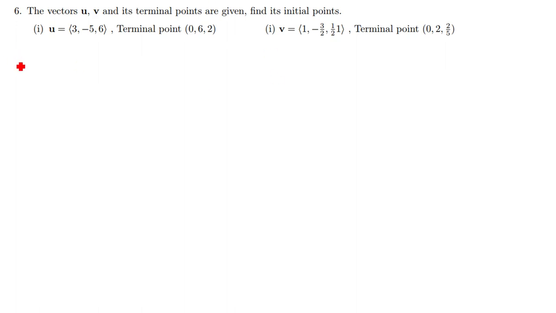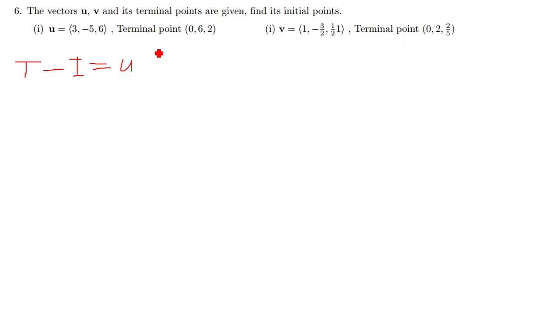Remember, vectors are always found by head minus tail, or rather the terminal minus initial. So I'll denote my terminal as t. So t minus initial, which is I, is equal to my vector, u in this case.